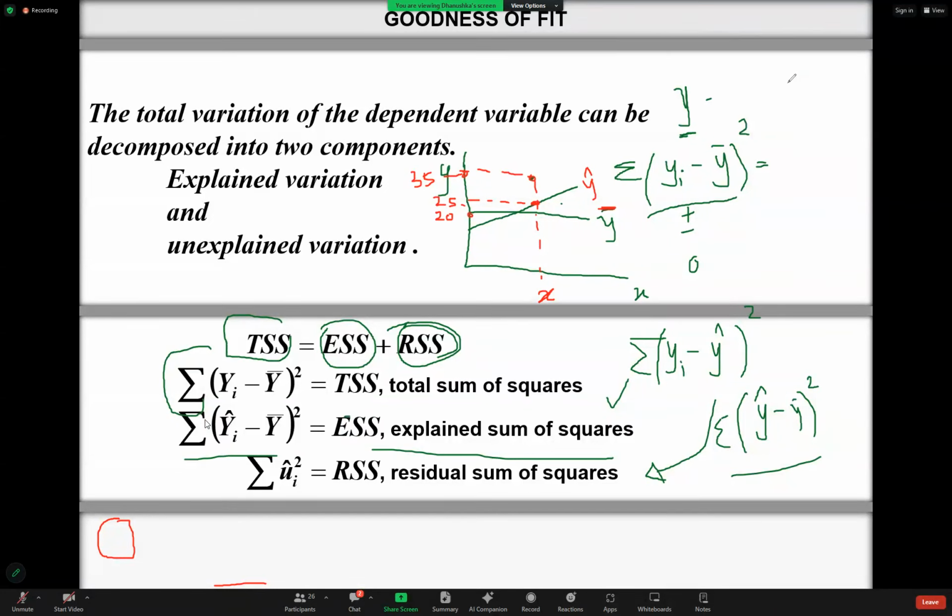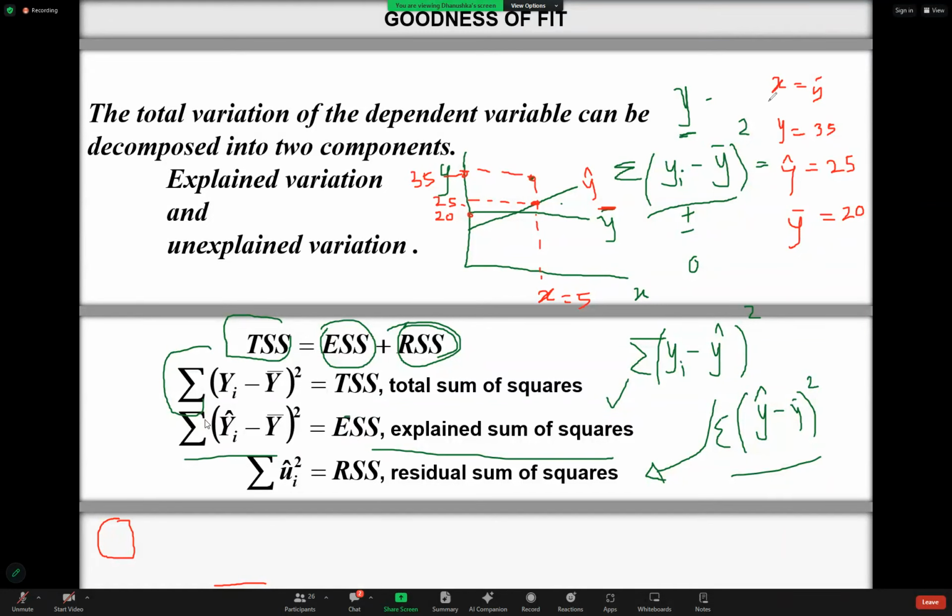That means now if I write down here, when x is equal to, let's say 5, y is equal to 35, y hat is equal to 25, then the y bar is equal to 20. Okay, y bar is equal to 20.